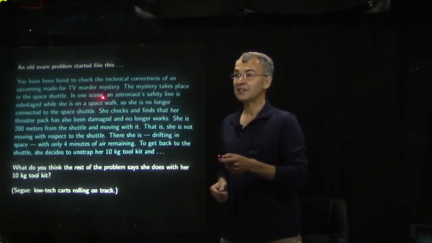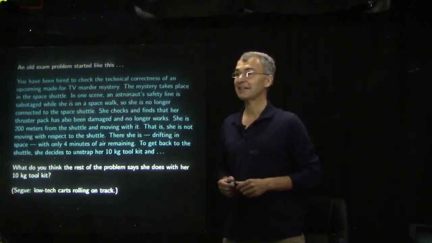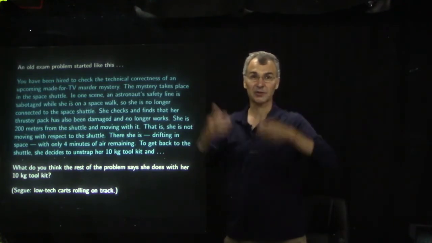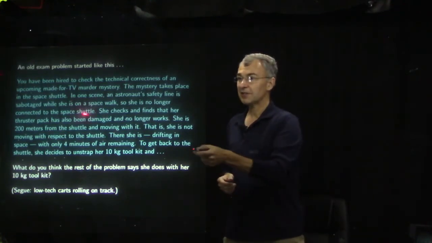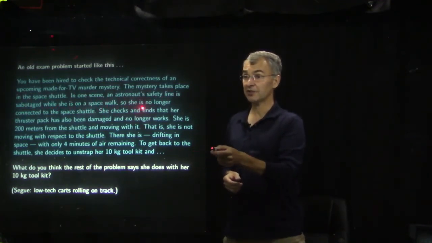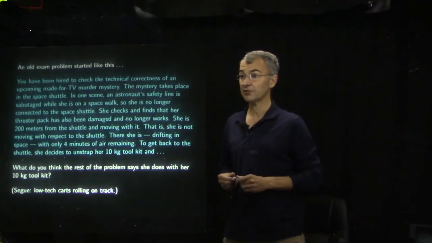Maybe it actually takes place in a tech billionaire's spacecraft now once it achieves ongoing orbit, but I digress. In one scene, an astronaut's safety line is sabotaged while she is on a spacewalk, so she is no longer connected to the space shuttle.